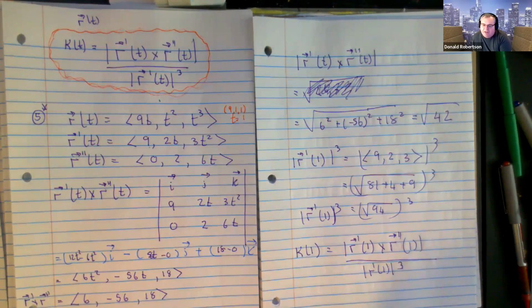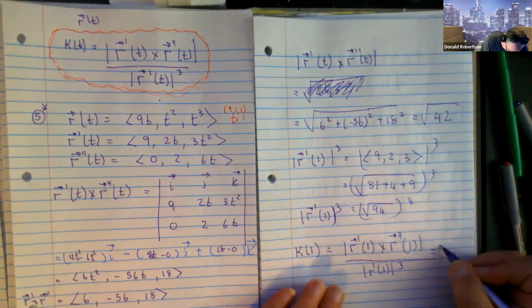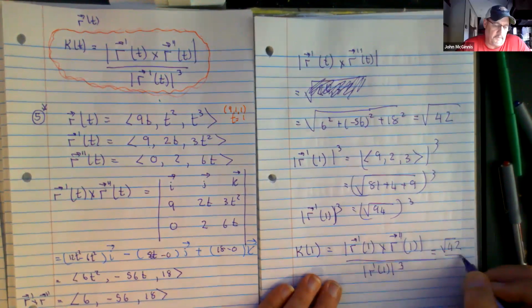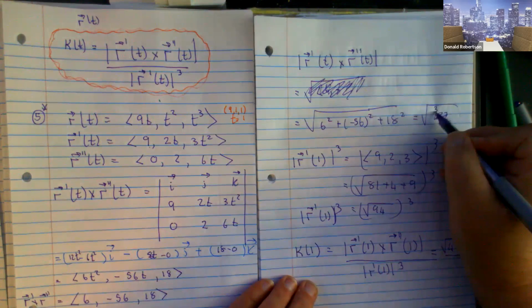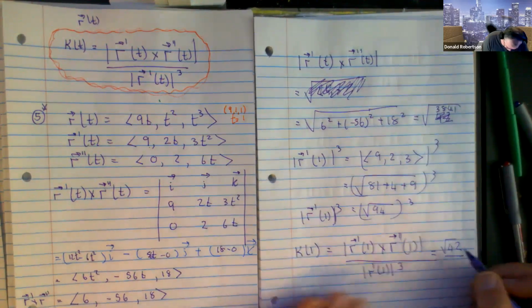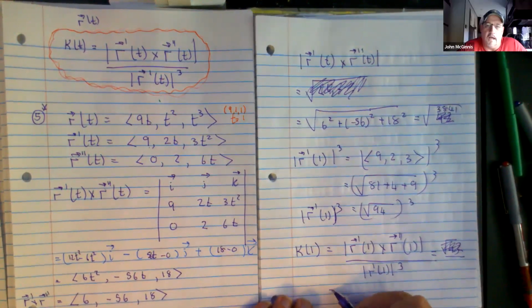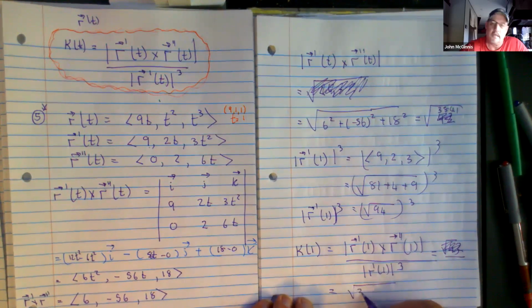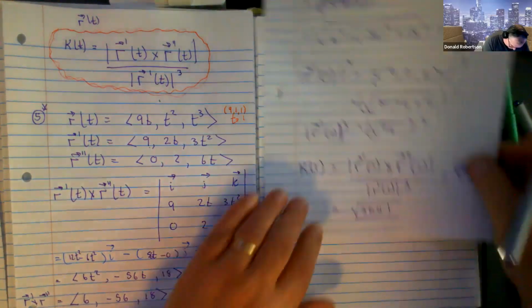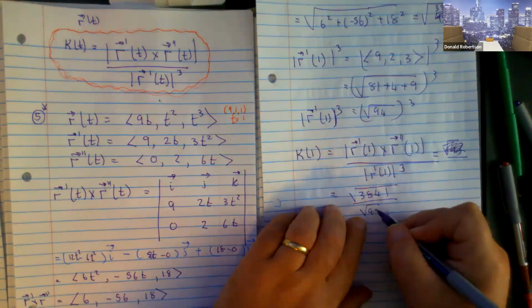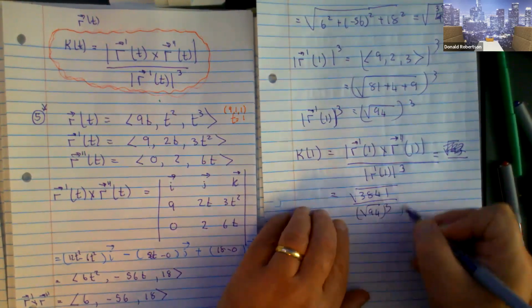So whatever it really is, you'll put that number there. And this fella then is going to be 3,841, I think. 3,841 will do well. So it's going to be the square root of 3,841 over the square root of 94 cubed.